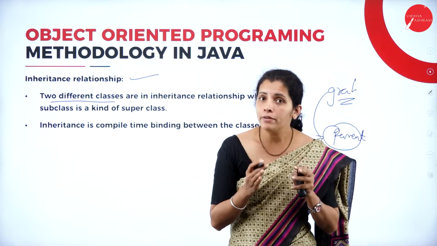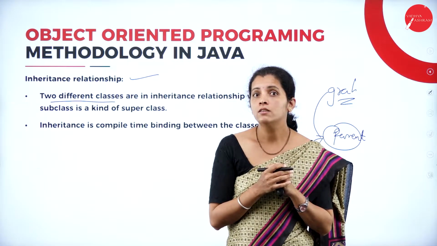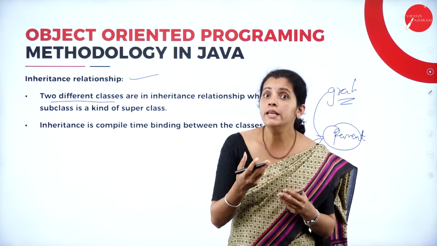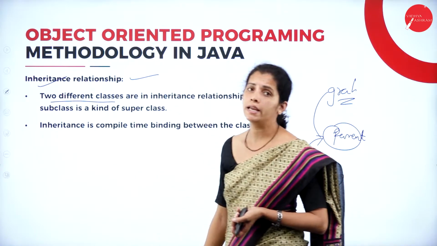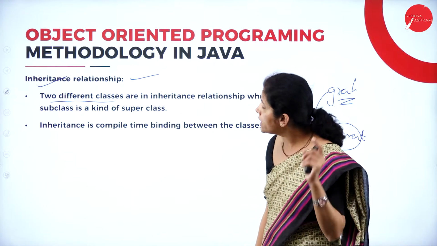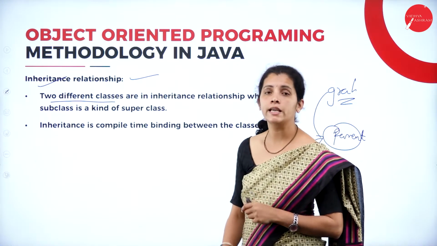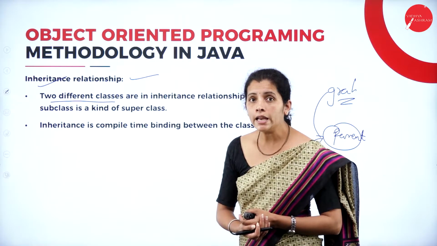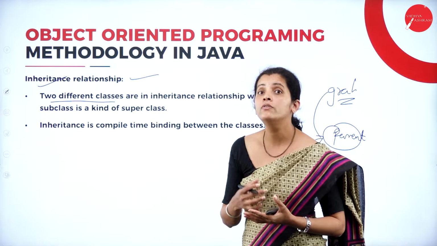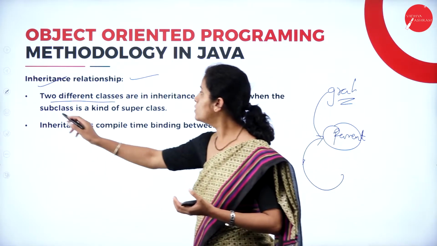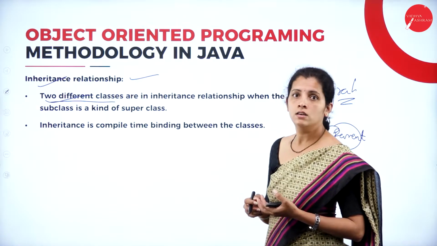Now, if I want to make use of the same function, or if I want to reuse the existing thing, then I can go with inheritance. So a very important concept of object oriented programming language is inheritance: inherit or acquire the properties or features of another class. Two different classes are in inheritance relationship.